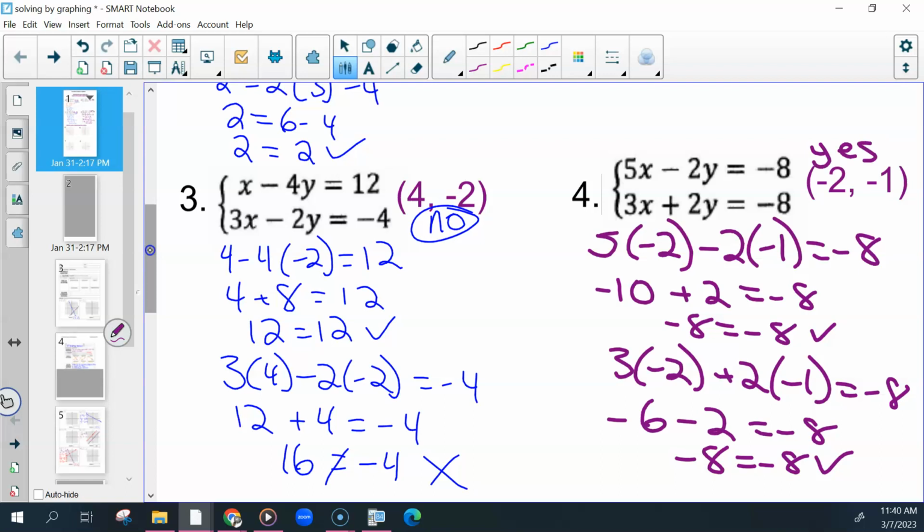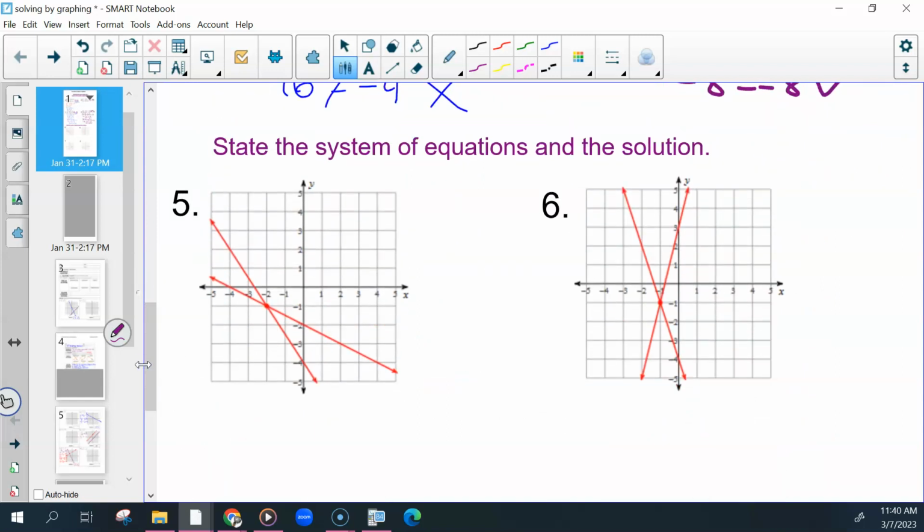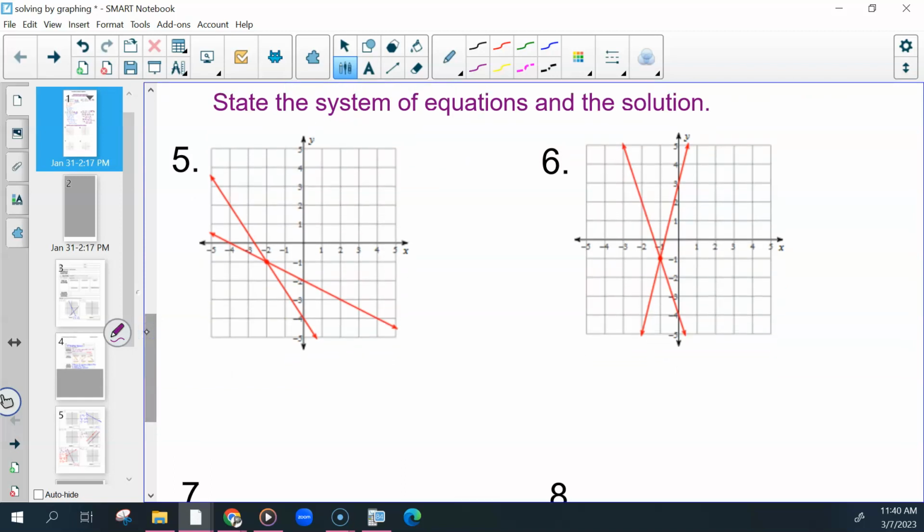We just have a couple more things that we need to go over, and then we'll be done for today. So at the bottom of this, it says state the system of equations and the solution. So we have to find what the equations are and figure out what the solution is. So what would the equation of this line be?